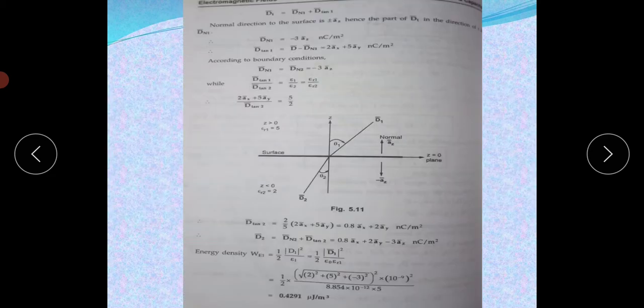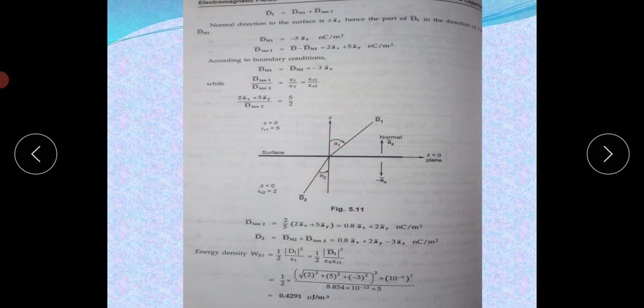Okay, here first D1 is given. So D1 equals the vector sum of normal and tangential components. Here they gave z greater than 0 one dielectric material, and z less than 0 another dielectric material. So z equals 0 is the boundary. For this boundary, the normal axis equals the z axis.